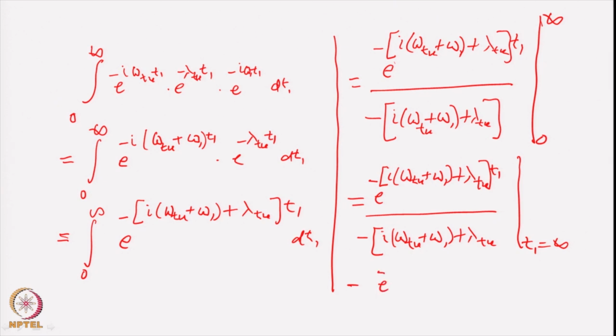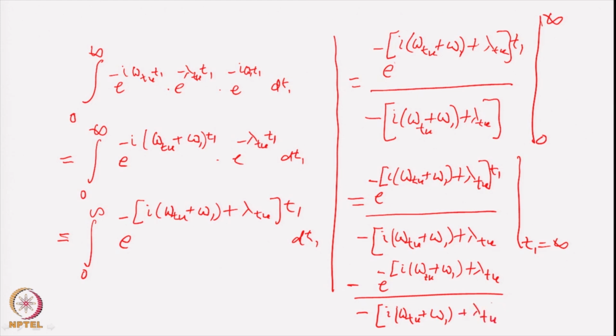e to the minus i omega Tu plus omega 1 plus lambda Tu, divided by minus i omega Tu plus omega 1 plus lambda Tu, and this is at T1 equal to 0.